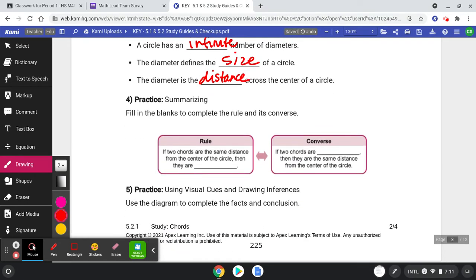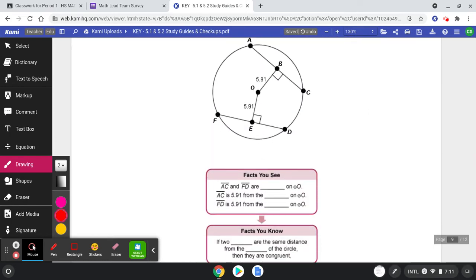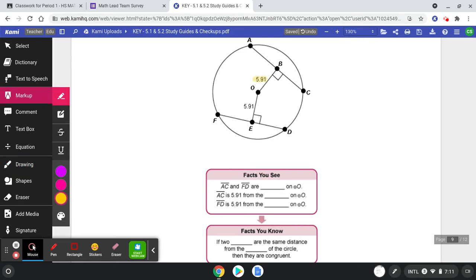So the rule is if two chords are the same distance from the center, then they are congruent. If two chords are congruent, then they are the same distance from the center. Notice that's the rule and the converse of the rule. So looking at this image here, we know that if this is 5.91 distance away and this is 5.91 distance away, then those two chords are congruent.